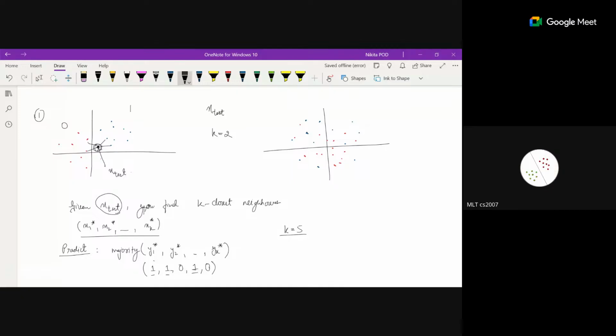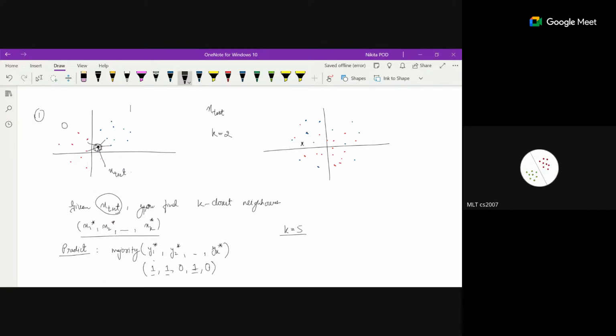So let's say this is what the data set looks like. We have two labels, maybe the red point indicates 0 and the blue indicates 1. Let's say I have some X test here.